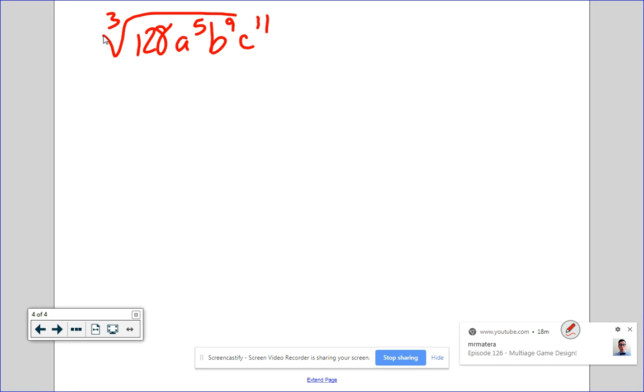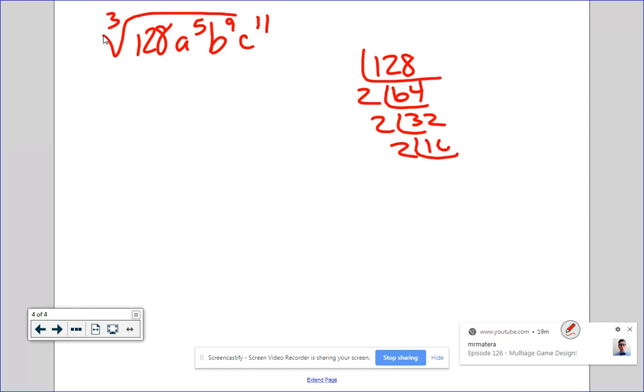All right? So, let's start with 128. What goes into 128? 2 and 64. Good. What goes into 64? 2 and 32. 2 and 16. 2 and 8. 2 and 4. 2 and 2. 2 and 1.